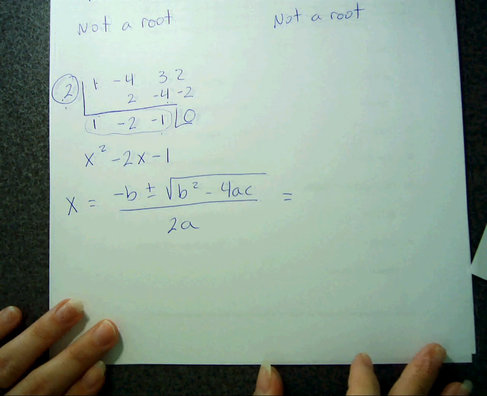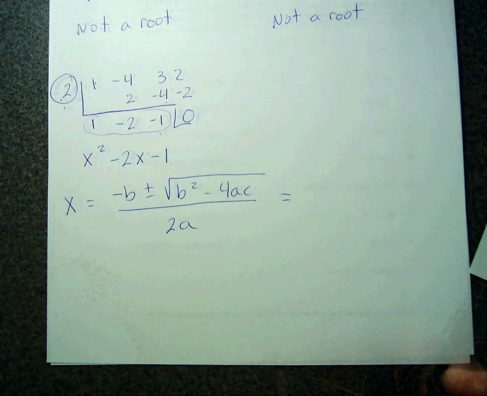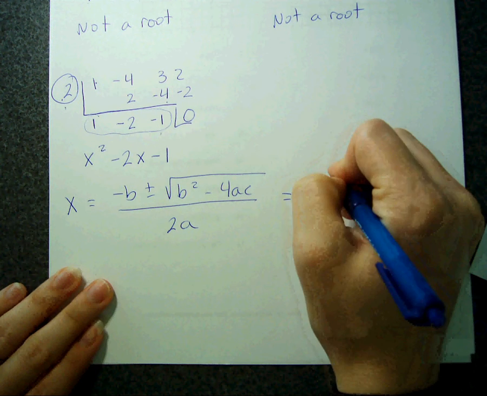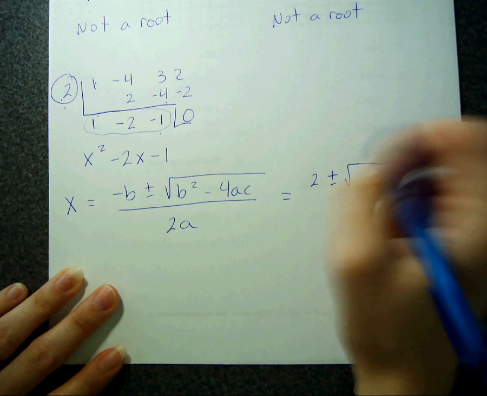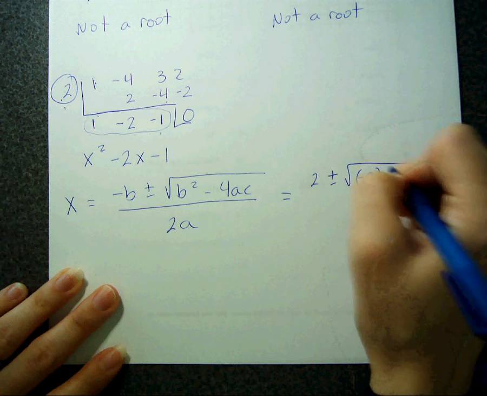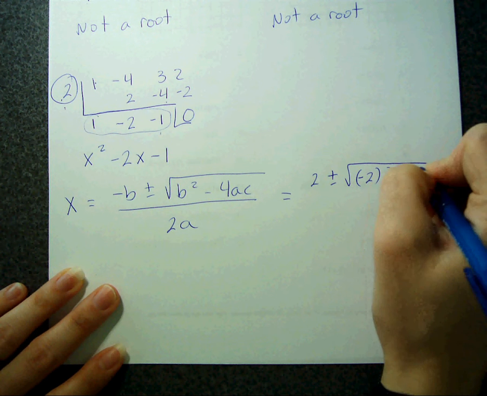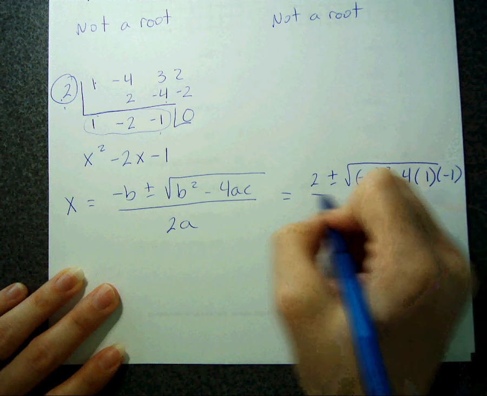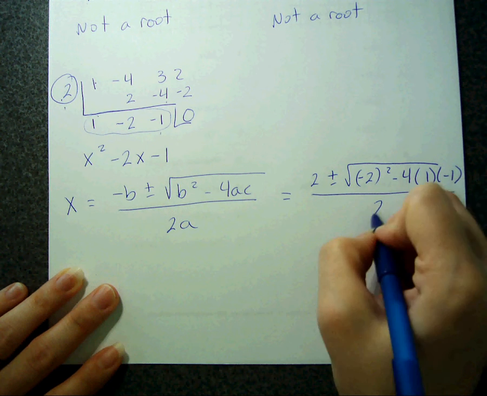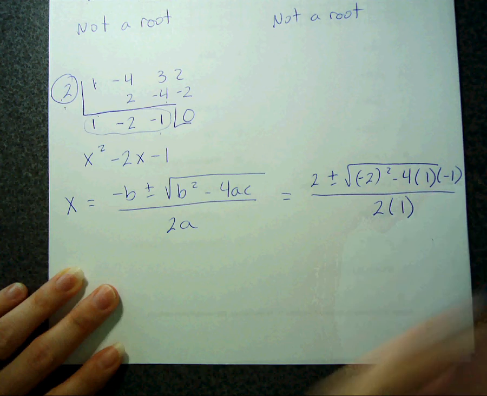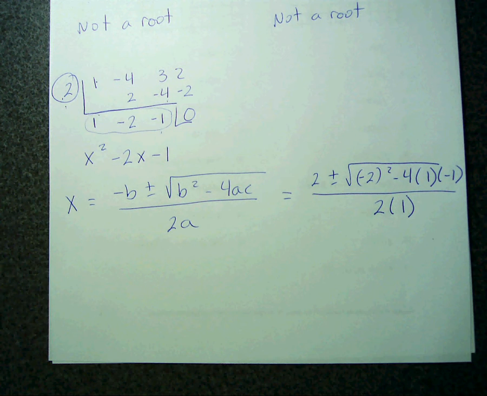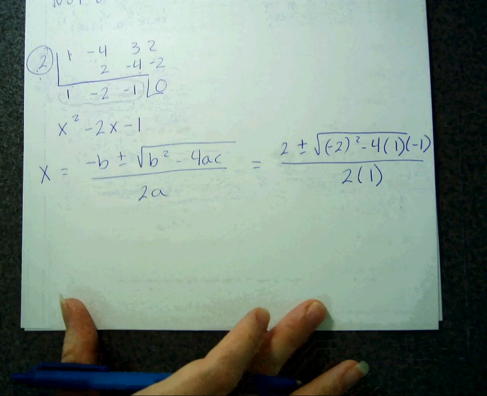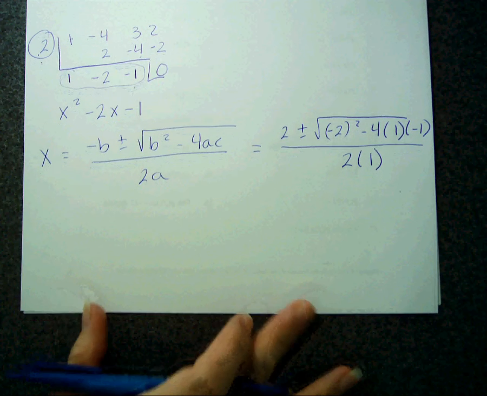So plug in my values. Negative b just means the opposite of b. So I have positive 2 plus or minus the square root of b squared minus 4 times a times c, all over 2 times a. Everyone can see that. So now just going through and simplifying.